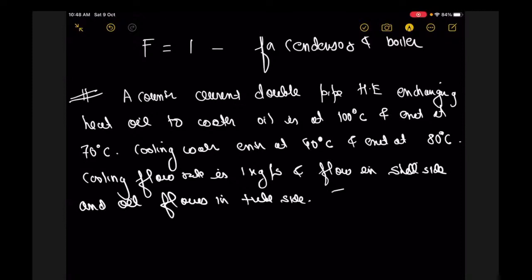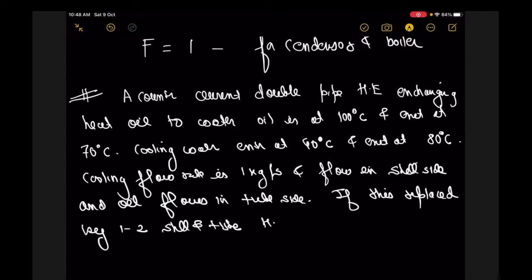If this is replaced by a 1-2 shell and tube heat exchanger, what is the excess area required?